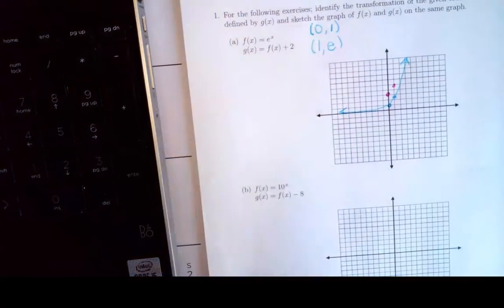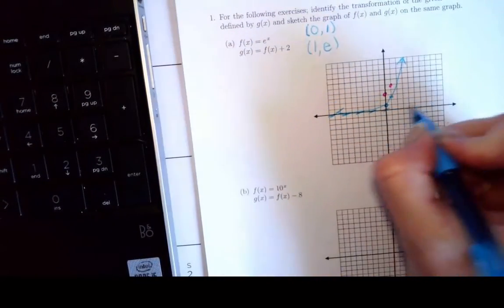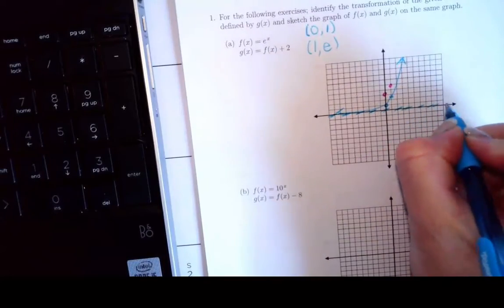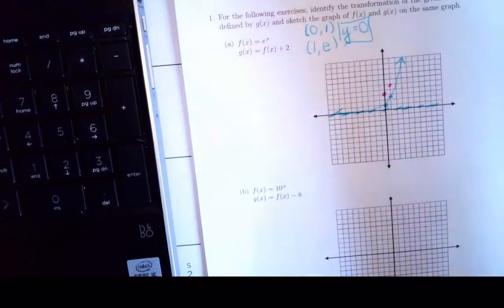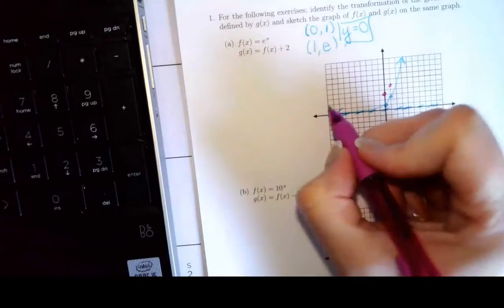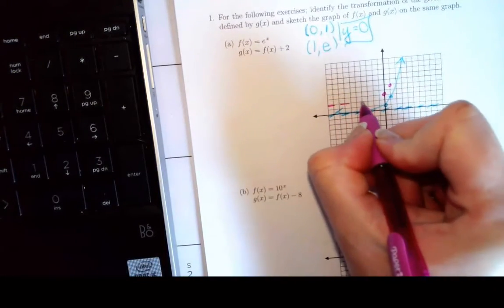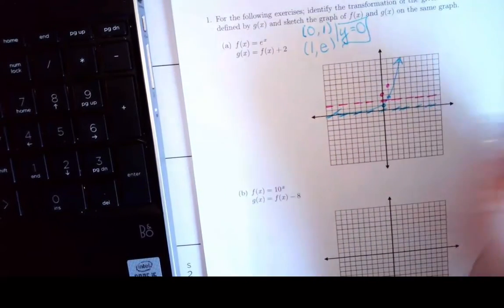So also notice, just for kicks, you've got a horizontal asymptote at y equals 0. Well, that asymptote moves along with it. So I'm going to move that asymptote up 2 units. My asymptote is now at y equals 2.